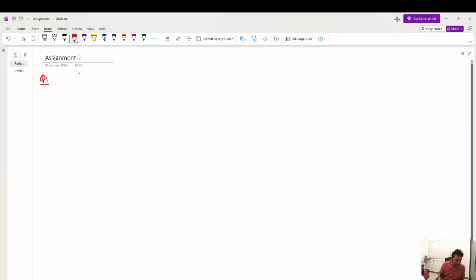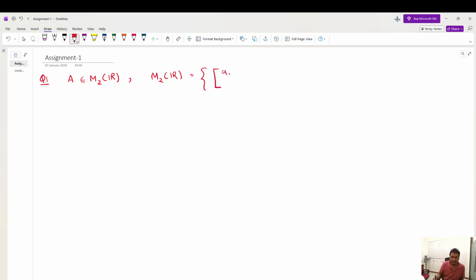So you are given a matrix A in M2R. So let us recall what this M2R is. M2R is basically, guys, all square matrices of order 2. So a11, a12, a21, a22.